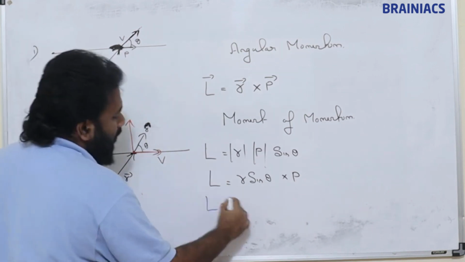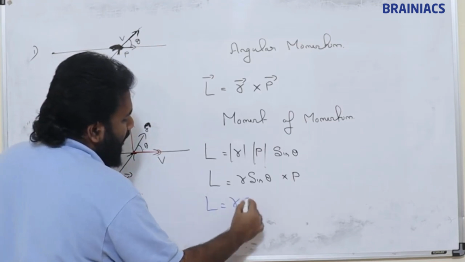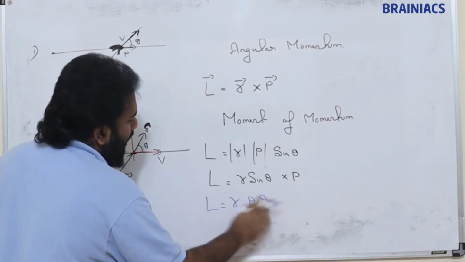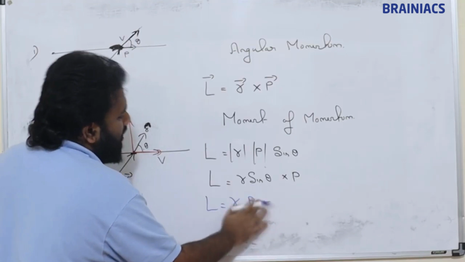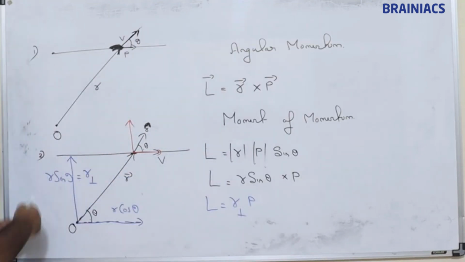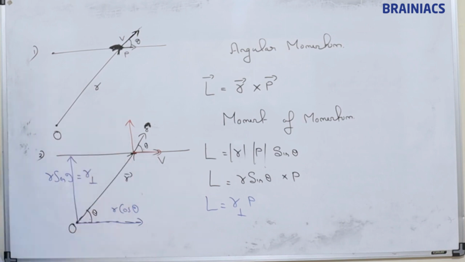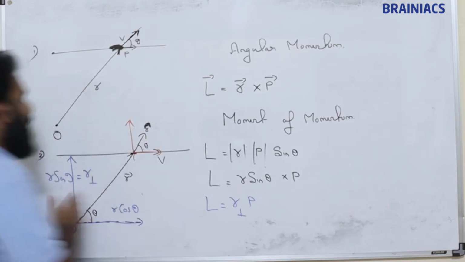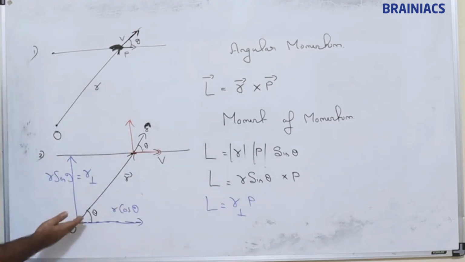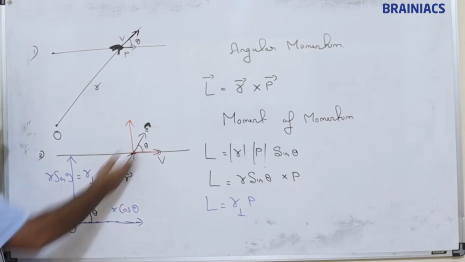So if we want, we can write in this way also: L, angular momentum, is equal to r perpendicular into p. Bas, this is enough. In this way we can take the perpendicular component of v also, but I am not getting into the details of all that. But you know how to take the angular momentum. If the particle is here, draw a line from the origin.